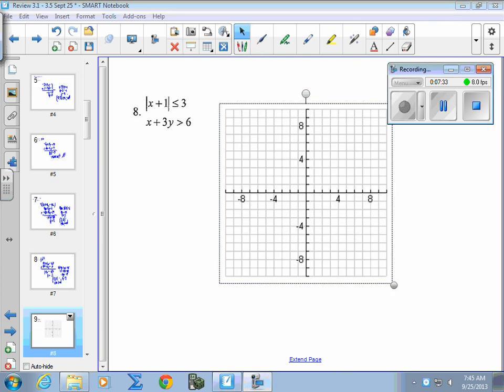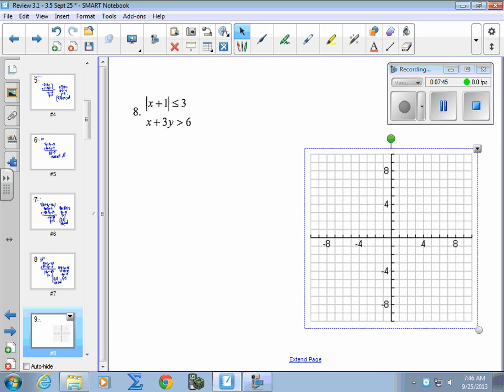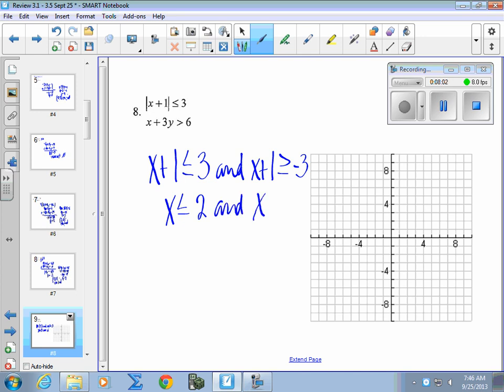All right, so on the next one, number 8, we're supposed to graph these. So remember that the absolute value inequality, the absolute value of x plus 1 is less than or equal to 3, means x plus 1 is less than or equal to 3, and x plus 1 is greater than or equal to negative 3. So I have x is less than or equal to 2, and x is greater than or equal to negative 4.